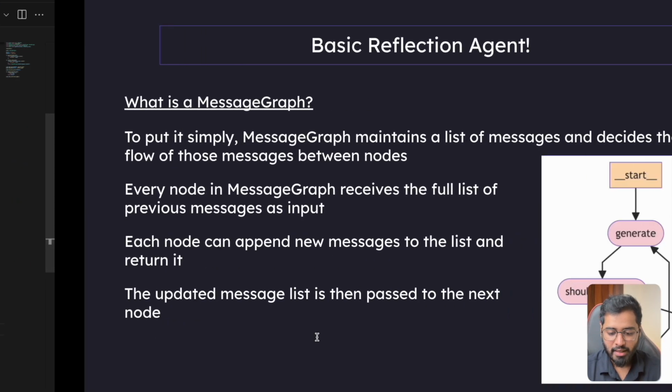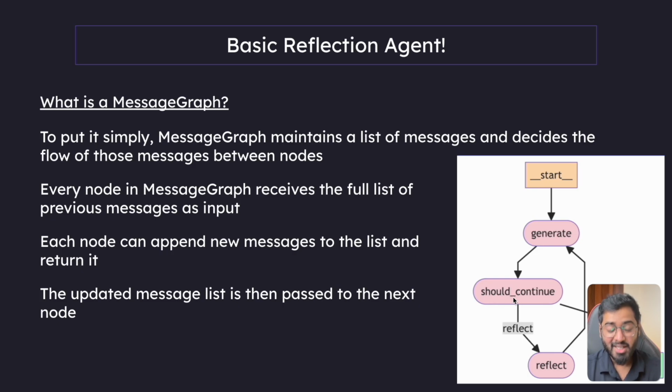Right after this should continue, it can either go to the reflect or go to the end, right? So this is going to be a conditional edge. This is not going to be a normal edge. What you see right here is a normal edge, but this is going to be a conditional edge.